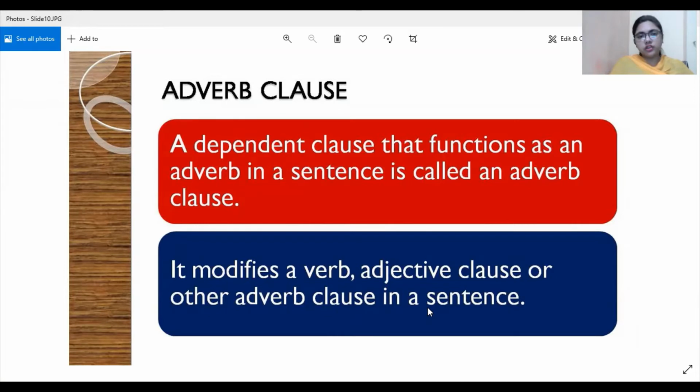The same is the function of an adverb clause. Since there is no verb clause, we have used the word verb only, not clause. Although there is a category of verb phrase, there is no verb clause. We only have adjective clause, adverb clause, and noun clause.